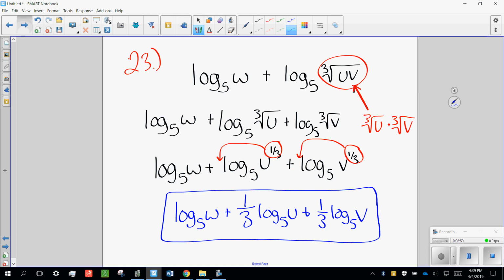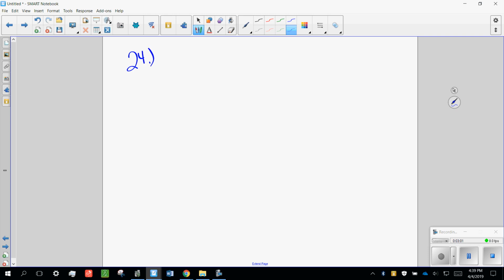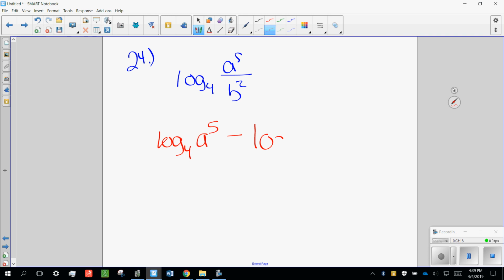And number 24, log base 4 of a to the 5th over b squared. We've got division going on here, which means we can split those up as two logs of the same base that are being subtracted.